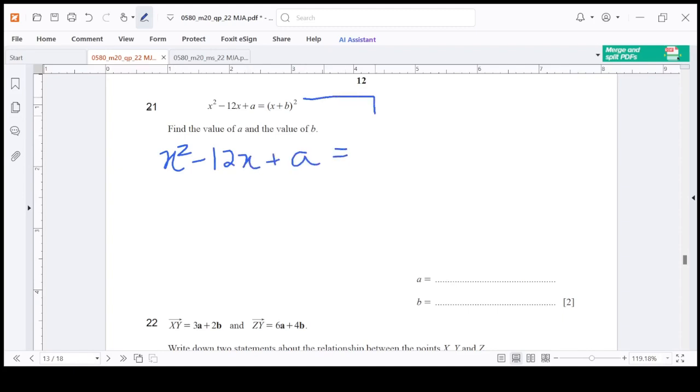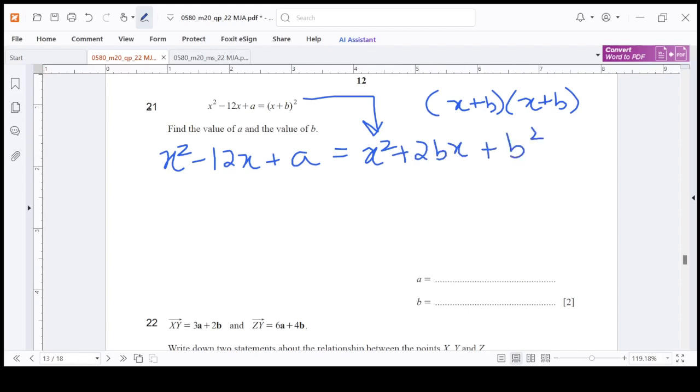So now I'm going to expand this. You can multiply the brackets twice, or it's better that you know the identity that a plus b whole squared is a squared plus 2ab plus b squared. I've applied it here.